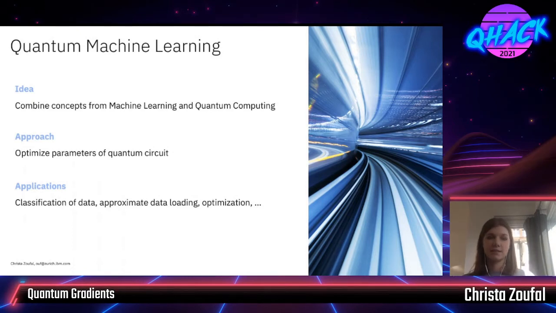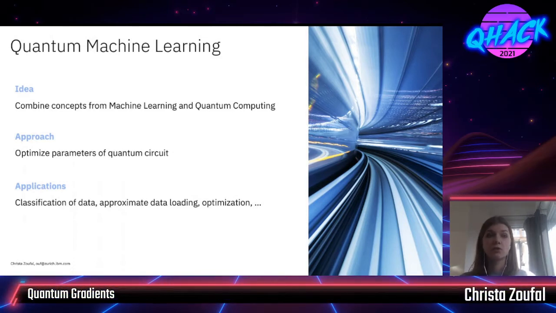All of this brings together that the main focus of currently implemented quantum algorithms is based on parameterized quantum circuits, where we want to find a good set of parameters for those circuits, which satisfy a certain loss function or a certain condition, so to say.